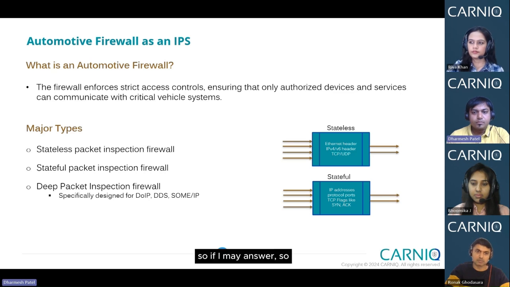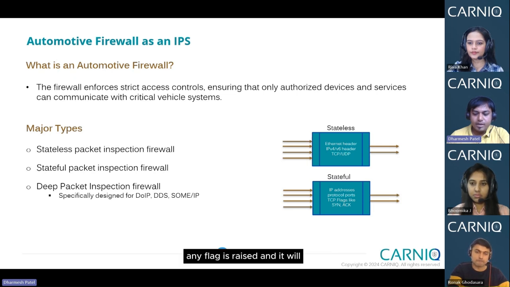Okay, if I may answer: IDS, as we discussed last time, is mainly for detecting if any attack is performed within the network, or if any anomalous activity is ongoing. It just alerts the user that something is going wrong in your system. But IDS will not stop that particular signal or data from passing to the target. That's where the IPS comes in.